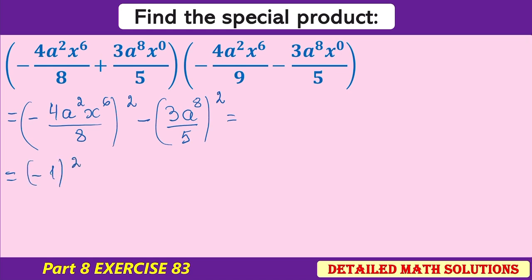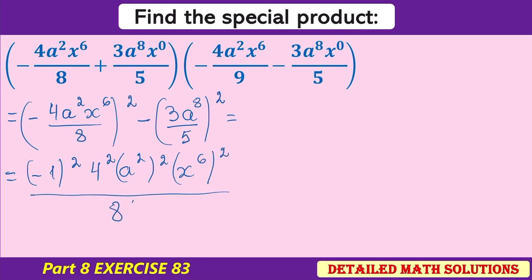(minus 1) squared 4 squared (a squared) to the power of 2 (x to the 6th power) squared over 8 squared minus 3 squared (a to the power of 8) squared over 5 squared.